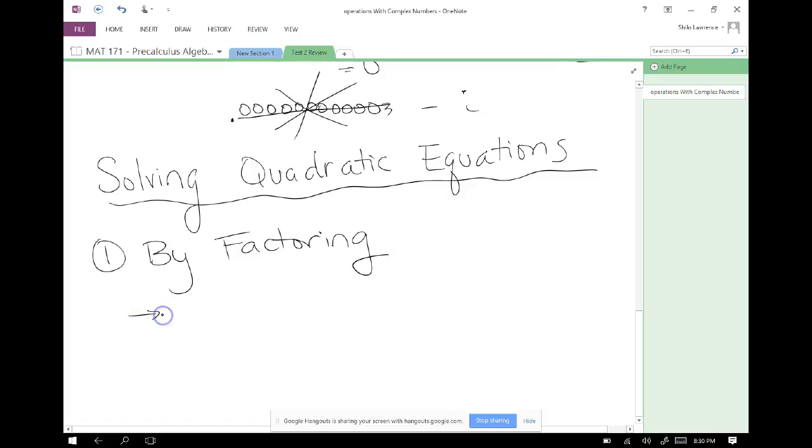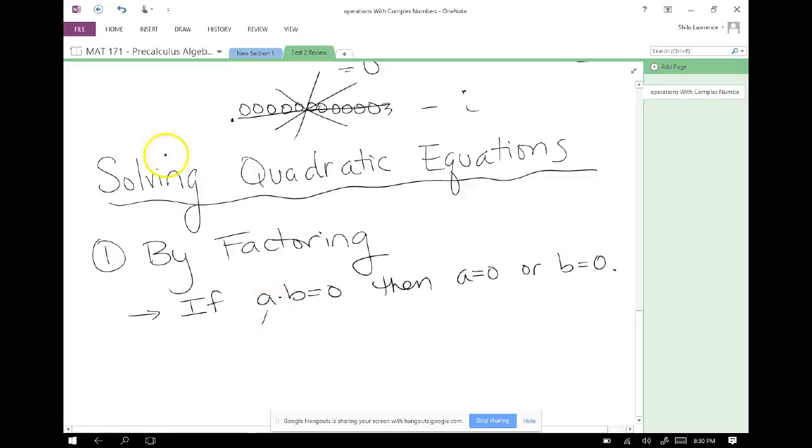the whole idea behind factoring is that if you can get your quadratic factored, the zero product principle says that if a times b equals 0, then either a equals 0 or b equals 0. Now, that doesn't look exactly like what a quadratic or a factored quadratic looks like.